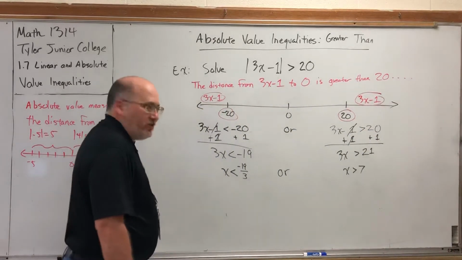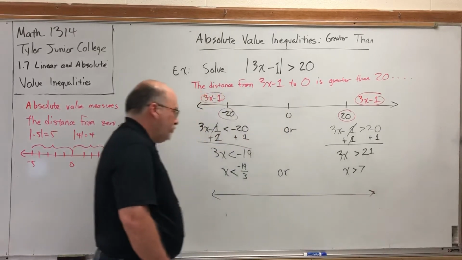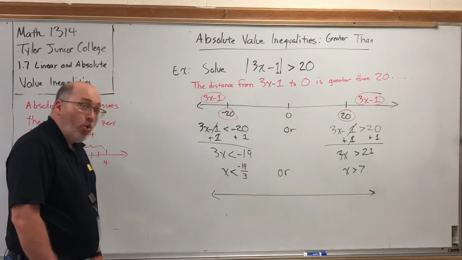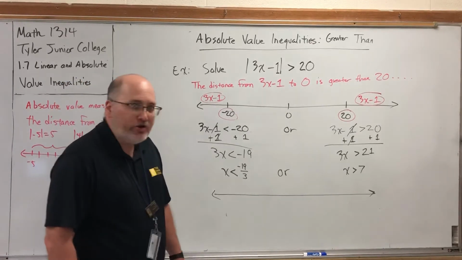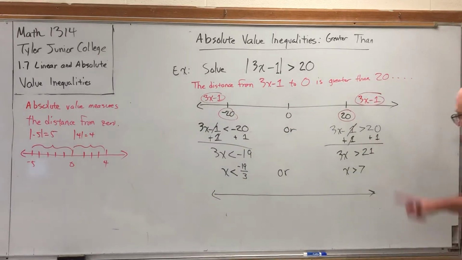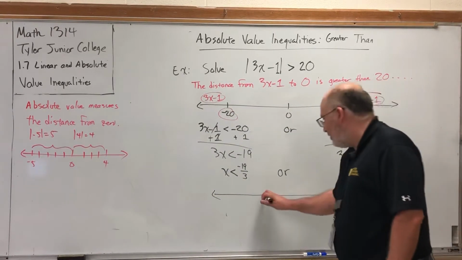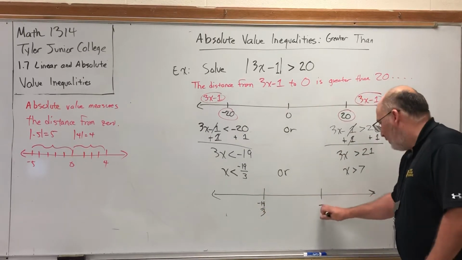So we know how to finish this. To find the solution to an OR compound inequality, we find each interval and take their union. Because we're looking at negative 19 thirds and 7, we need to put both of them on a number line with the lesser number to the left and the greater number to the right.